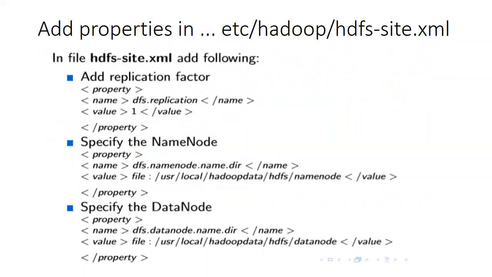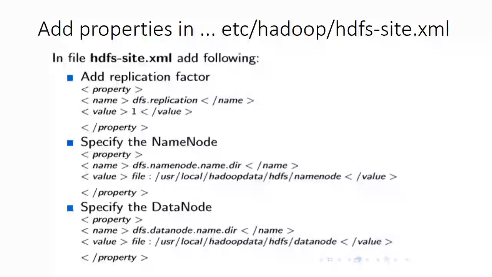Right, the next one, hdfs-site.xml. What are the things we are doing in the hdfs-site.xml file? You can observe here the first property name, replication, the second property, name node directory, and the third property, data node. In Hadoop, the data is replicated in different data node blocks. Here the default replication value is set to 1. The property name is dfs.replication, and the property value is set to 1. The next property is where exactly the name node directory is available.